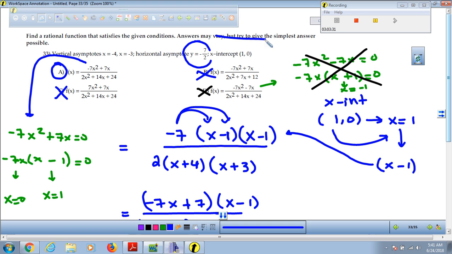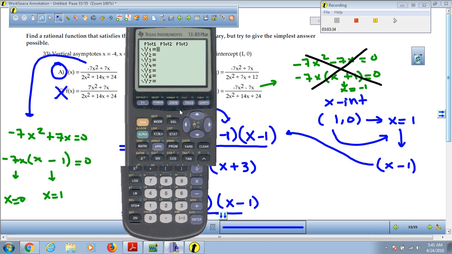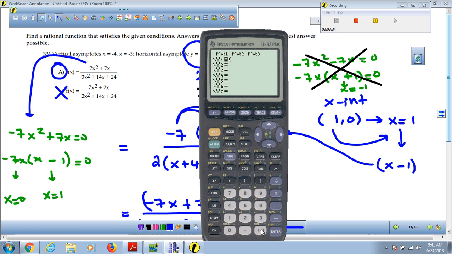For example, if I'm saying this is the answer, look, parentheses negative 7x squared plus 7x divided by 2x squared plus 14x plus 24.